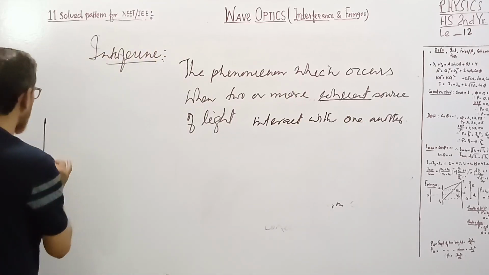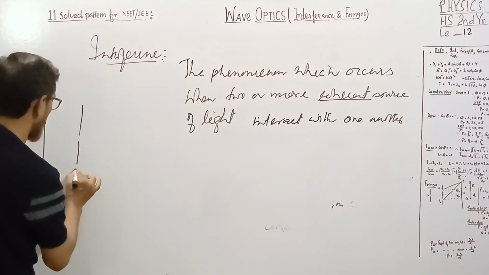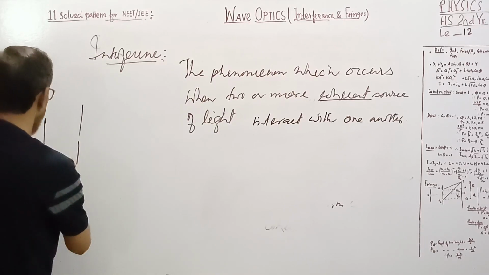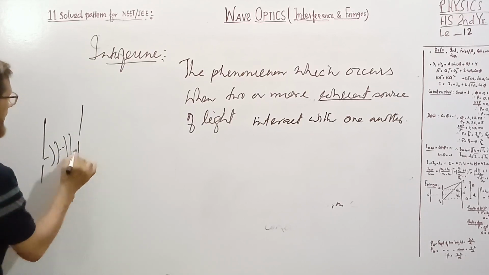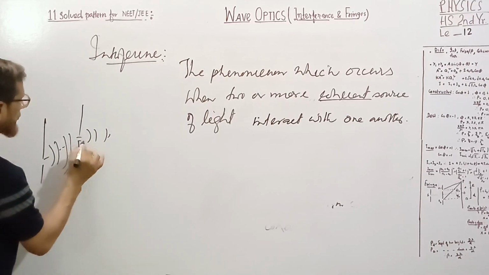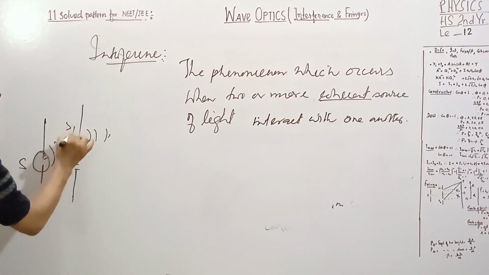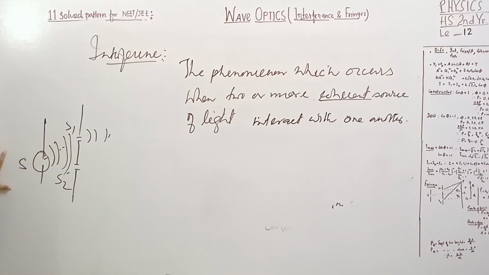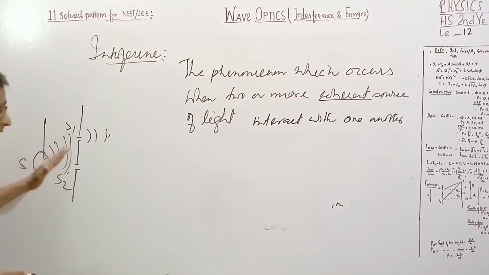This is the source of light, and if this source of light passes through two slits, the origin is the same source. The light coming out from S is divided into two parts at the slits S1 and S2.